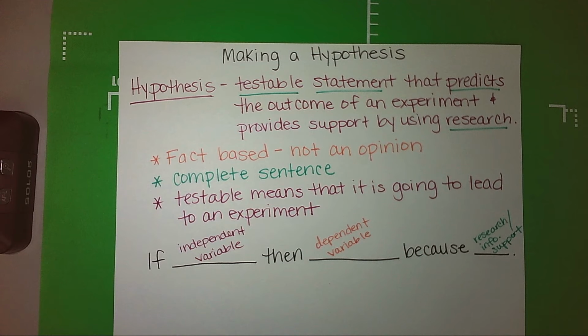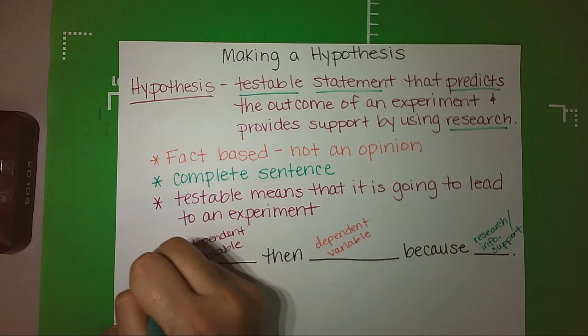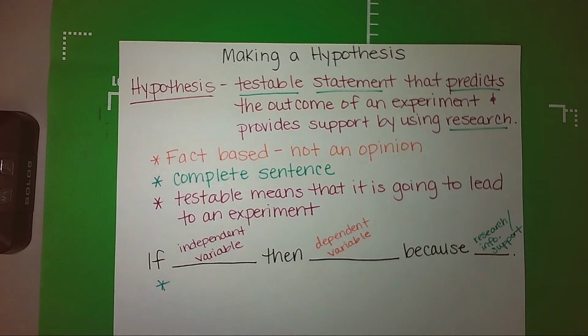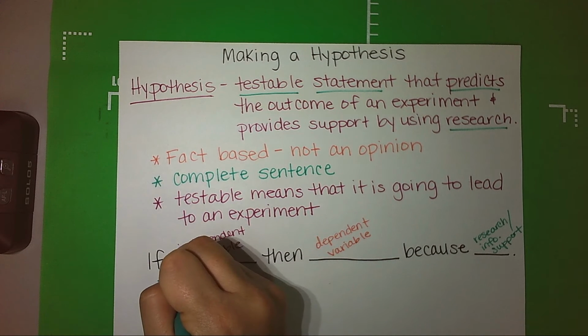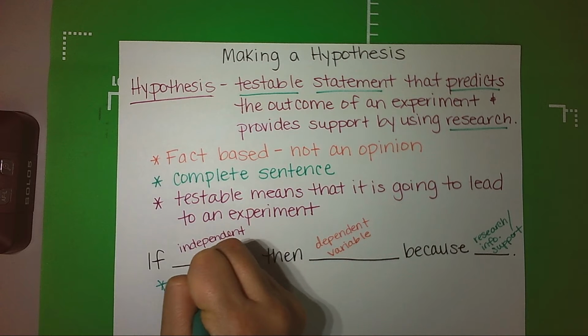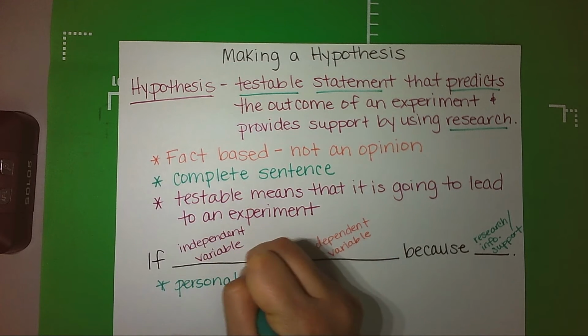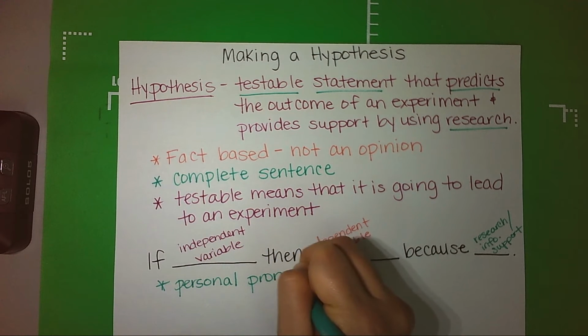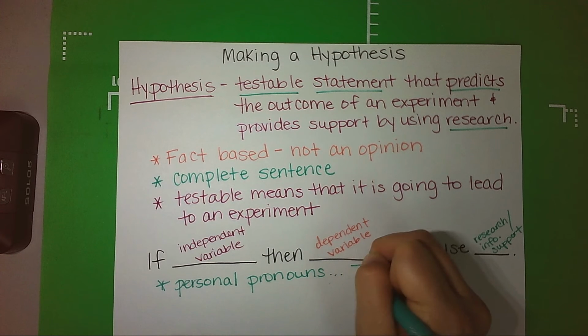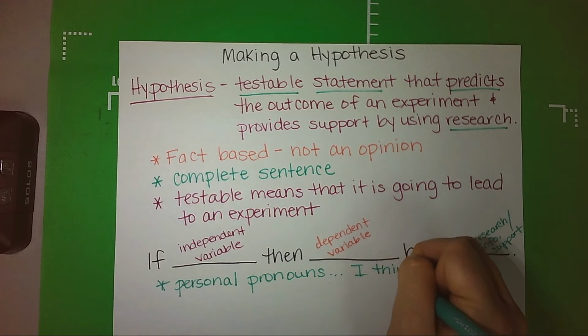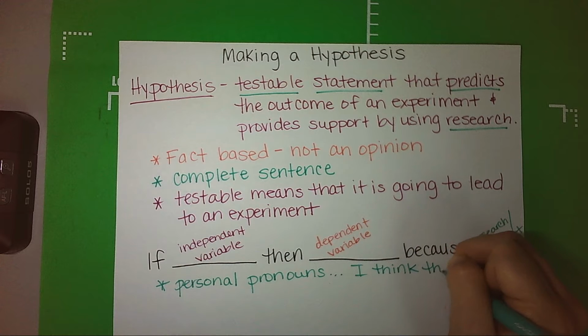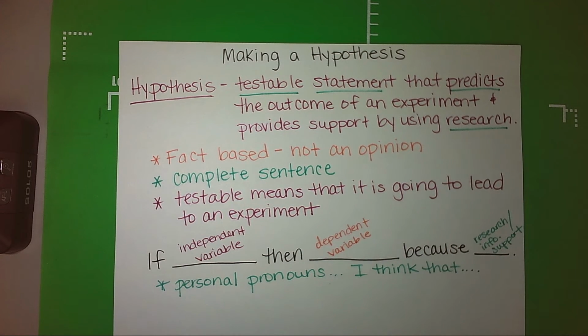Alright, I want to add this, okay, there are no personal pronouns. So we're not going to put, you know, I think that this will happen. We never, ever, ever start a hypothesis with I think that.